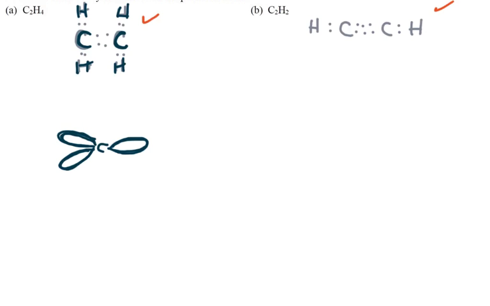And we still have a p orbital, so this carbon has a p orbital. I'm just going to put a line in to represent where it is. One pair of electrons is going to be between these two here, and the other pair of electrons is going to be part of this p orbital.